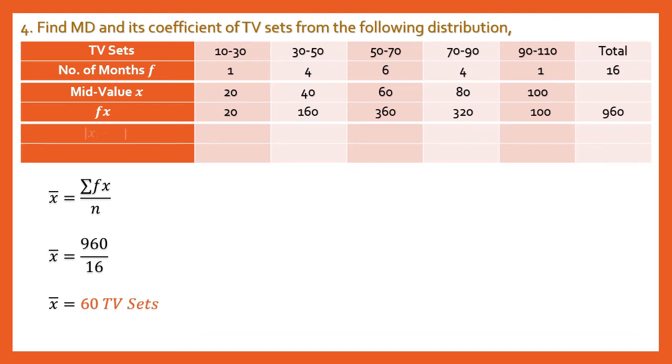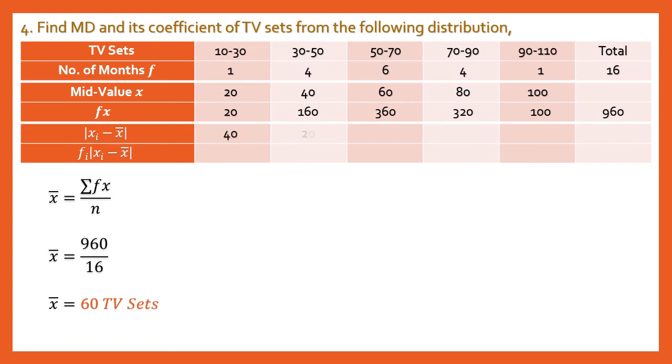Now I have to go with my usual values, that is modulus xi minus x bar and fi into modulus xi minus x bar. Okay, now the xi here is my mid values 20, 40, 60, 80, 100, and I will be deducting 60 from all of those values, and my answers I will write in positive even if it's a negative answer.